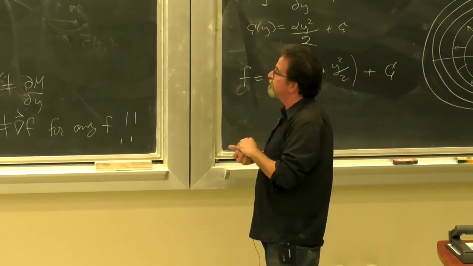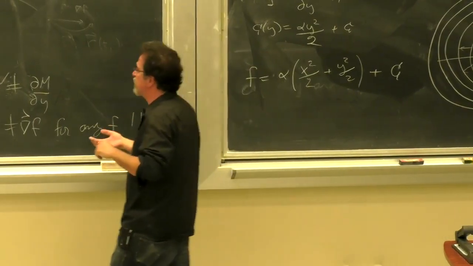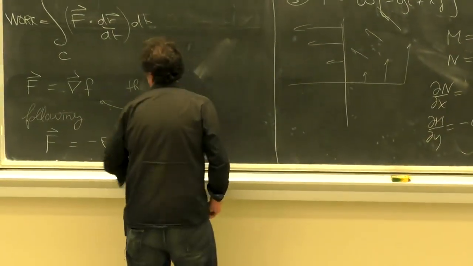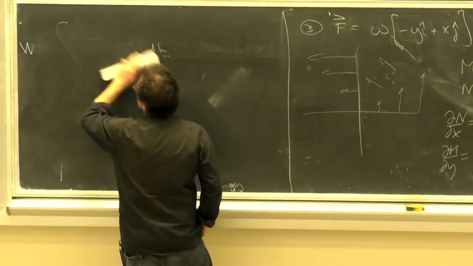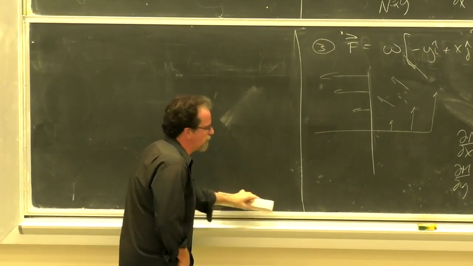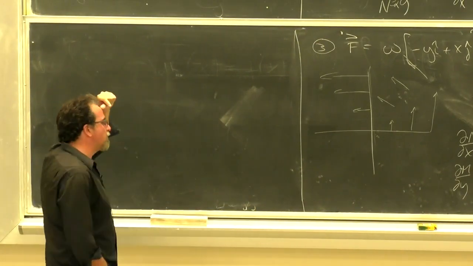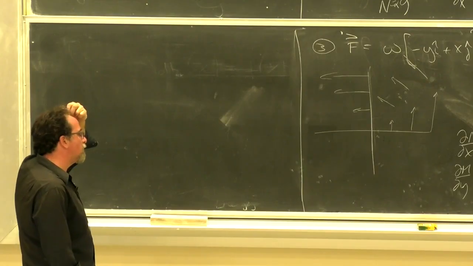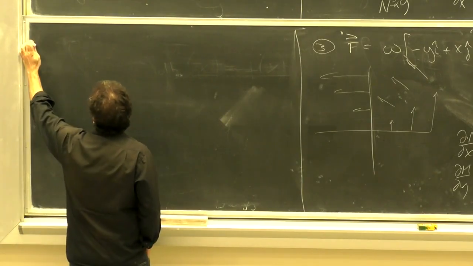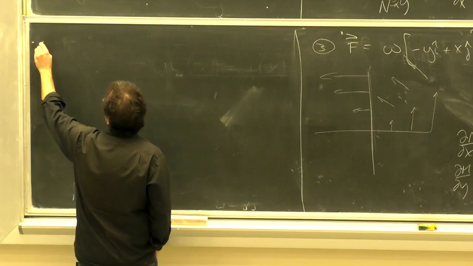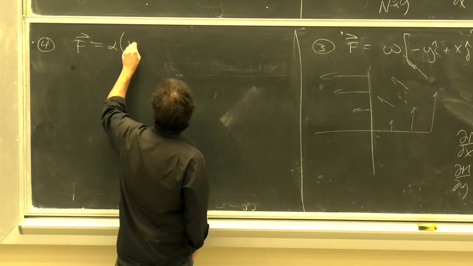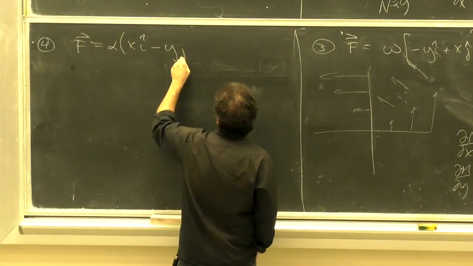Okay? Okay, the last vector field is F equal to alpha x i hat minus alpha y j hat.